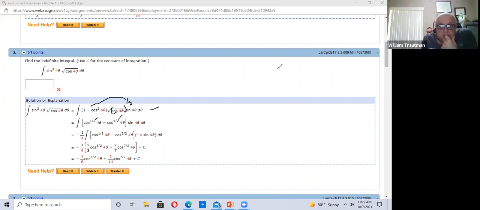Our 4 theta: if u equals cosine 4 theta, then du equals negative sine 4 theta, times 4. But this 4 here, that's the derivative of the inside of u, so there has to be an extra 1/4 somewhere to account for that 4. There's a negative.